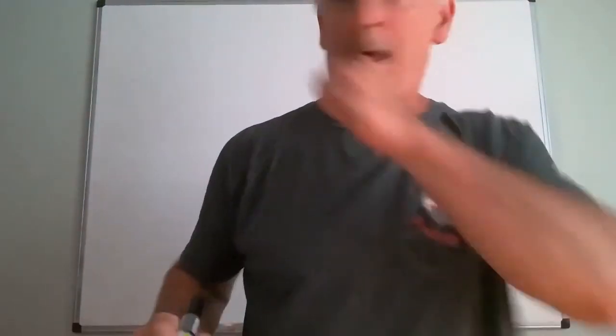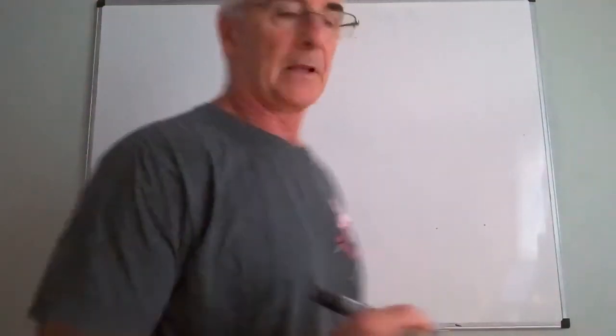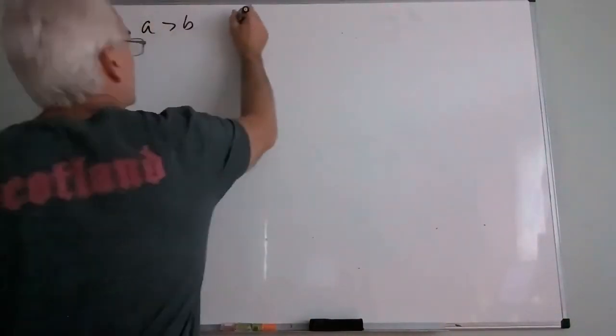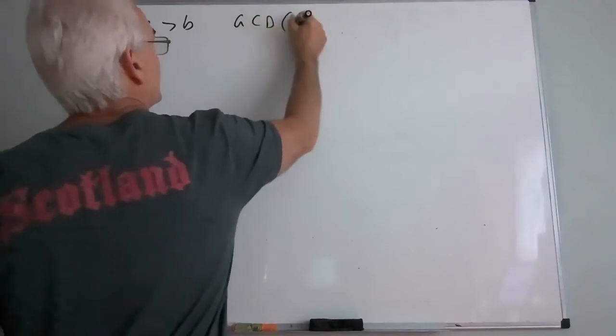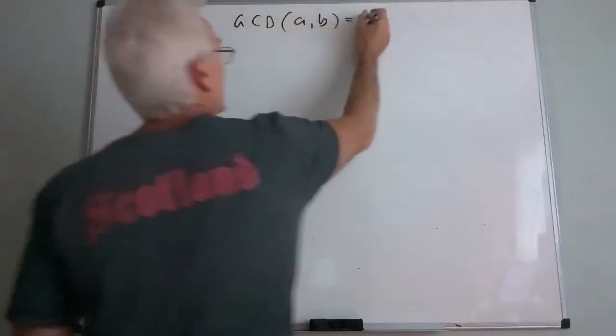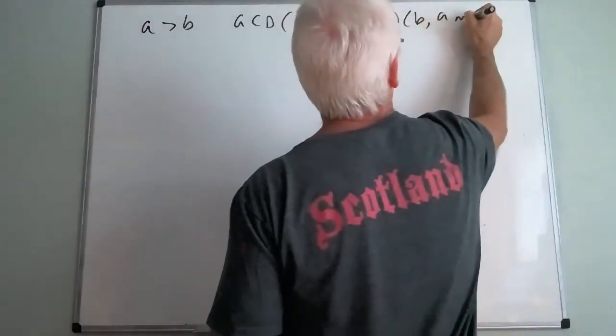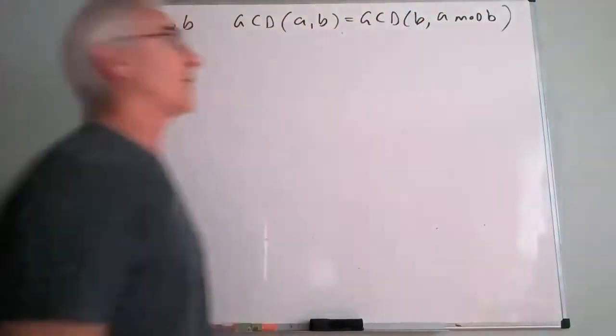What I mean by working backwards, I'm going to give you a really simple example. Let's suppose A is greater than B. We know that the GCD of A and B equals the GCD of B and A mod B. That's the computer algorithm, by the way.